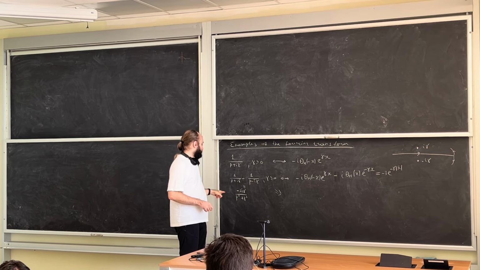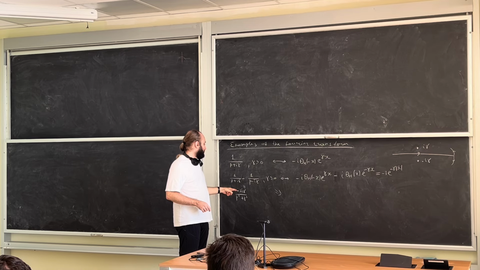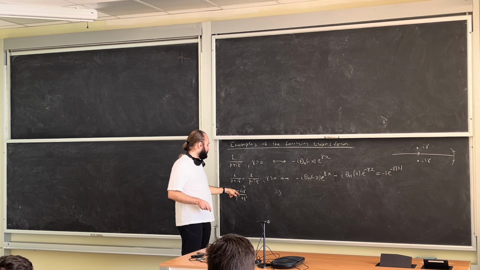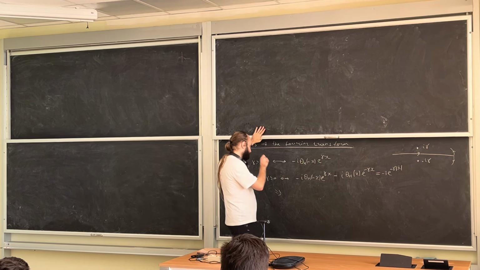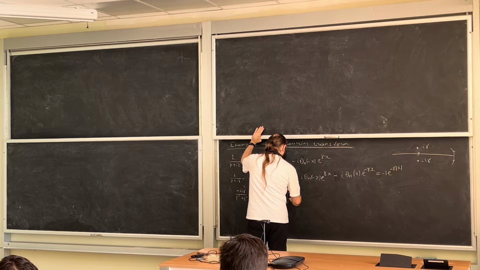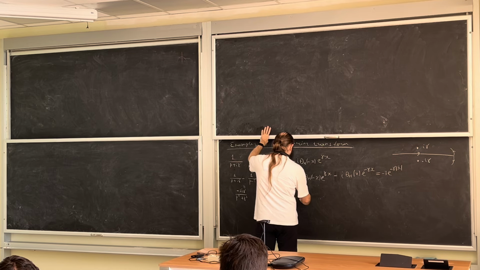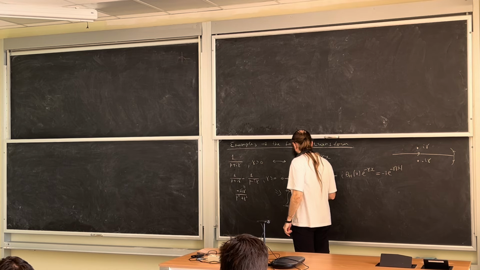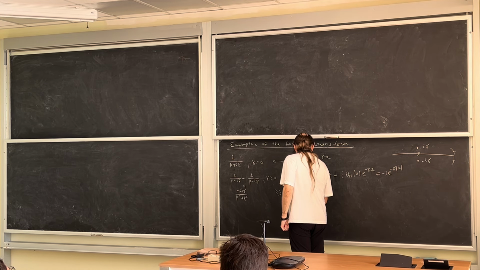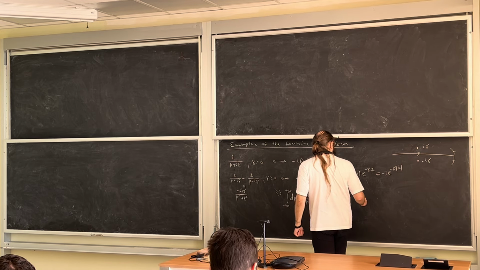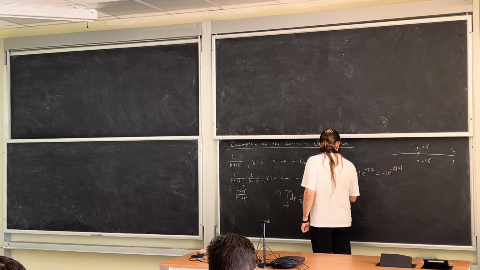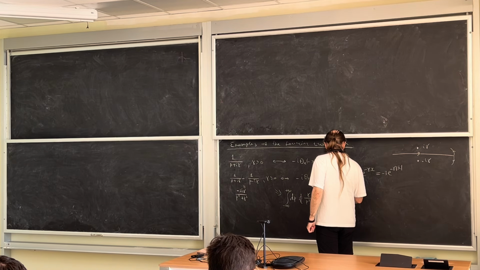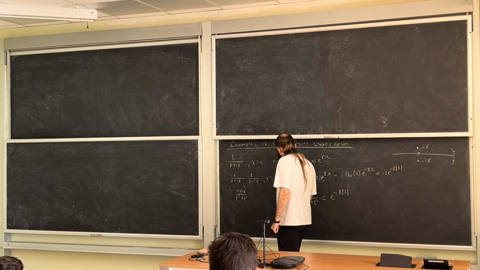If you cancel the 2 and i, then we have a statement that the integral dp from minus infinity to plus infinity, 1 over π, γ over p squared plus γ squared, is equal to e to the minus γ absolute value of x, right?